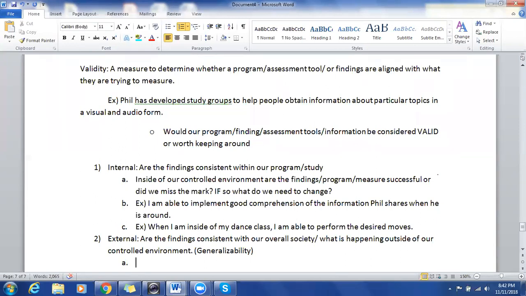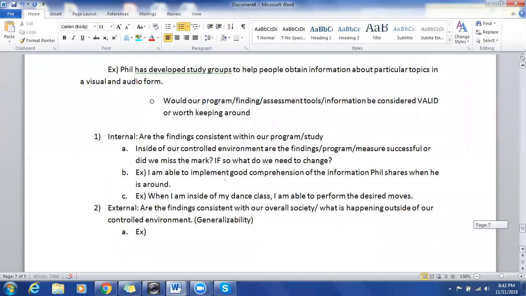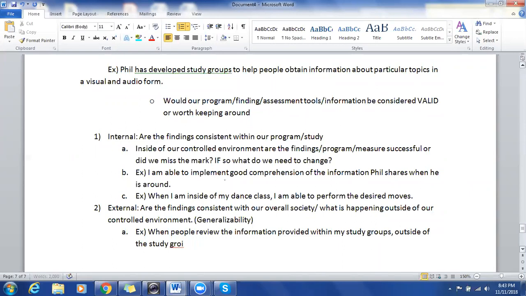External would be when I explain this to people within the group, people get it, and if I explain it outside of the group, people also get it. So I'll type that out. Example: when people review the information provided within my study groups outside of the study groups, they understand it as well.